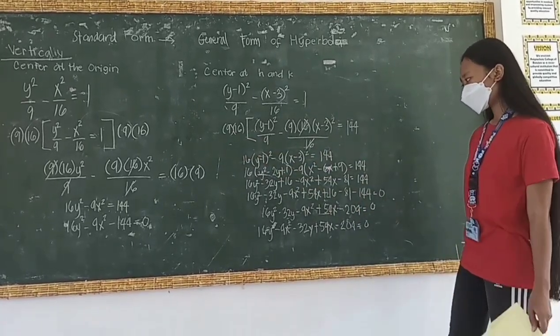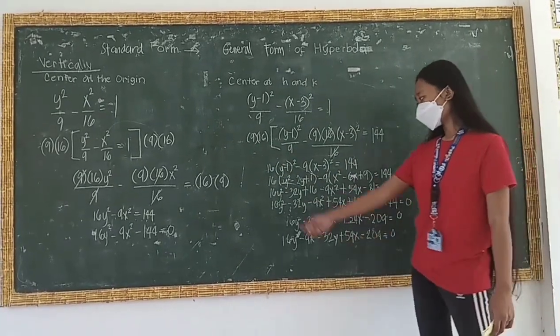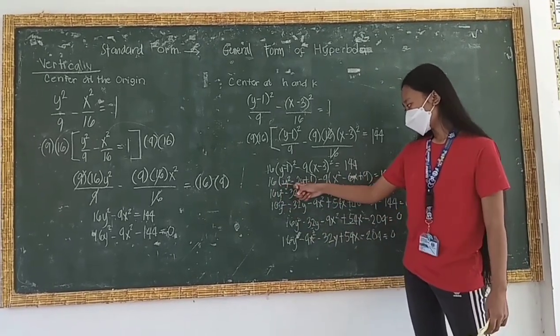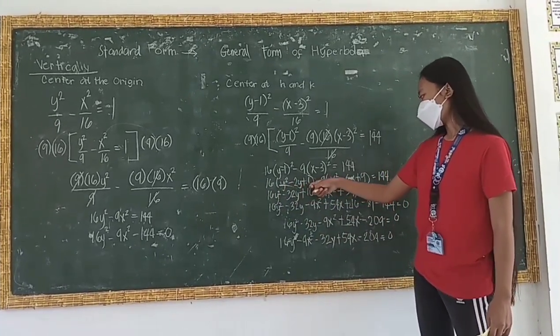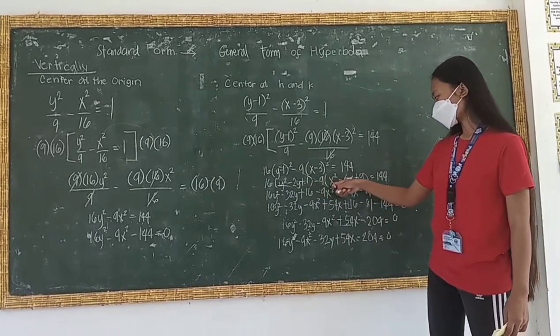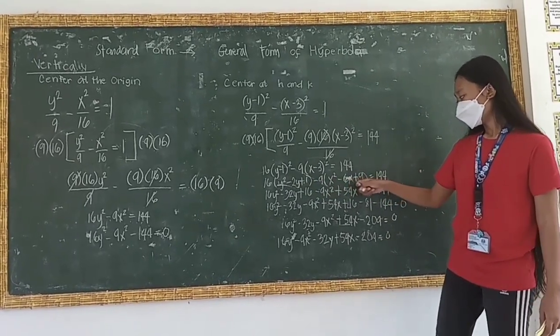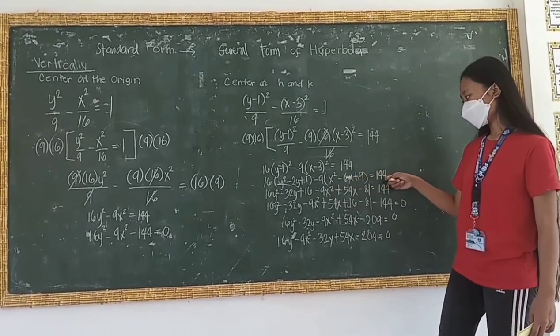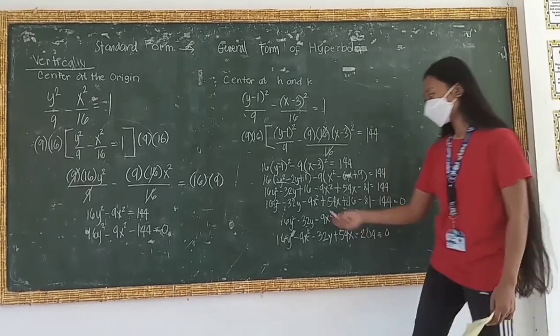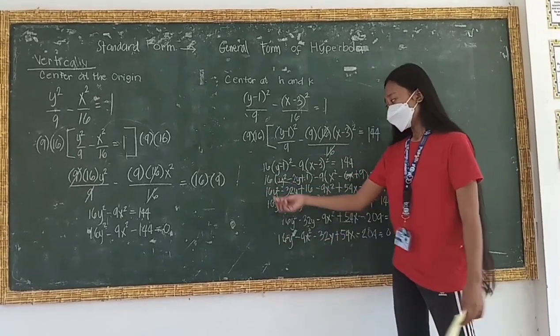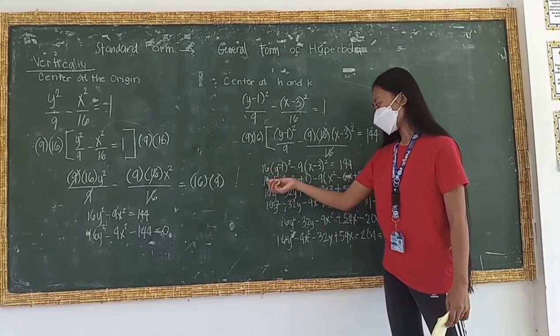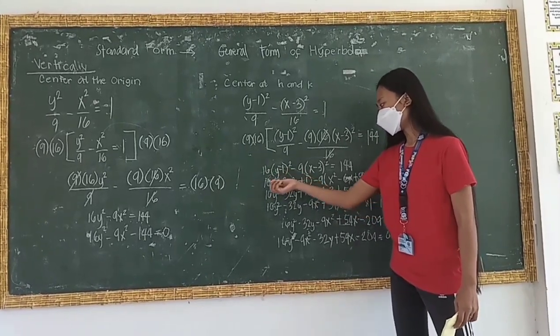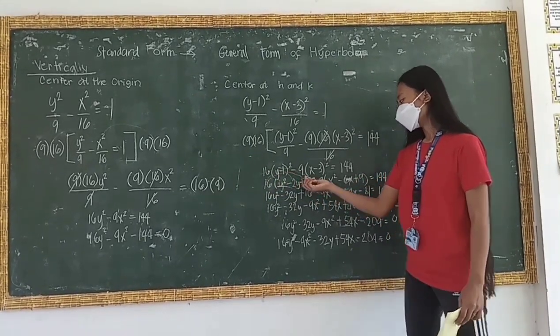And then next, it will become 16 times (y squared minus 2y plus 1) minus 9 times (x squared minus 6x plus 9) is equal to 144. And then now we will multiply this 16 here to the y squared, to the negative 2y, and to the 1.